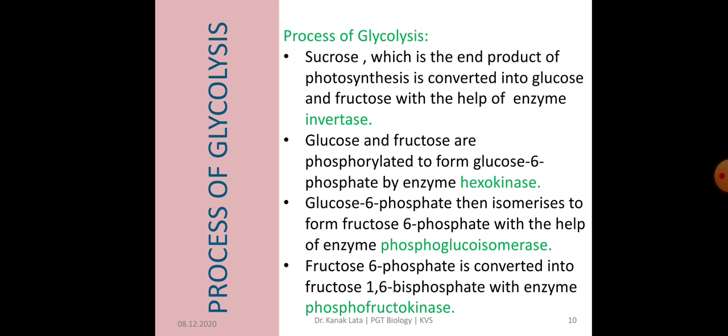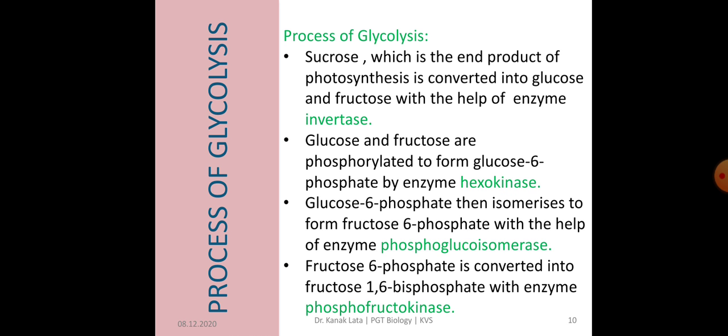Now we will learn about the process of glycolysis. As we know, glycolysis is a stepwise process. In the first step, sucrose is converted into glucose and fructose with the help of enzyme invertase, as the end product of photosynthesis is sucrose.